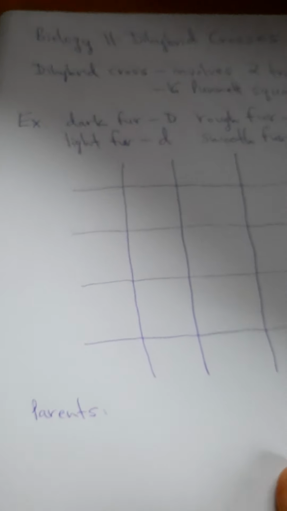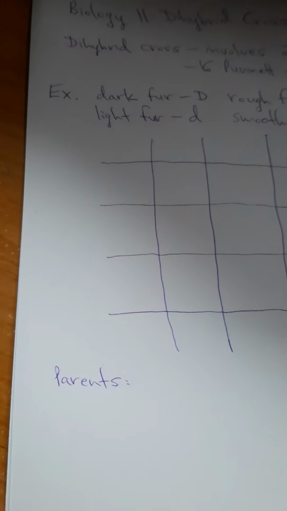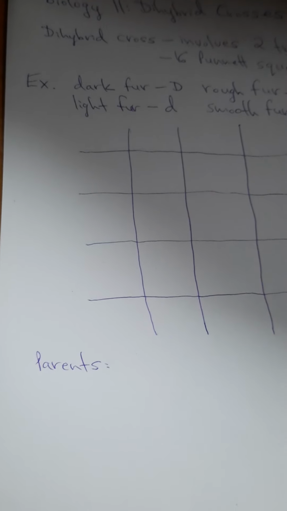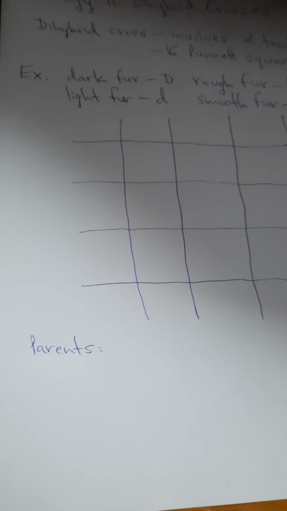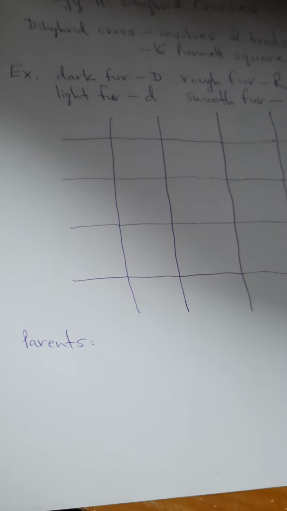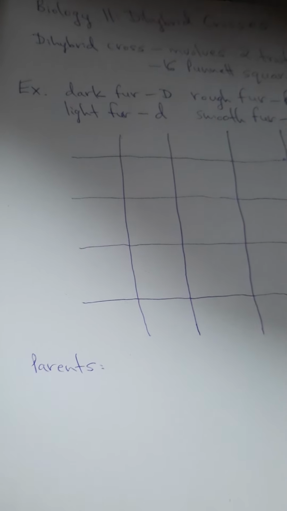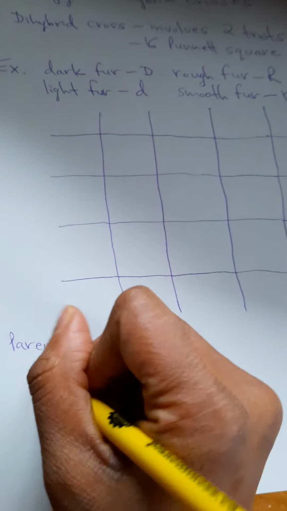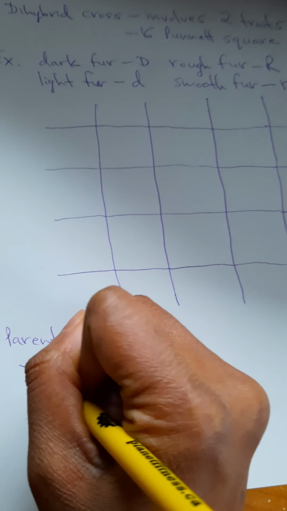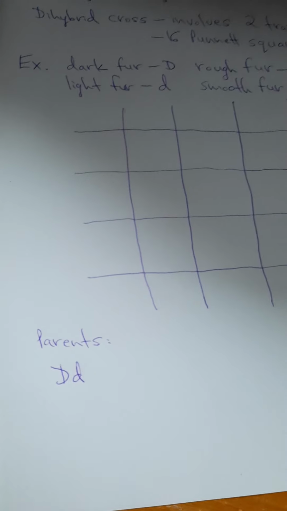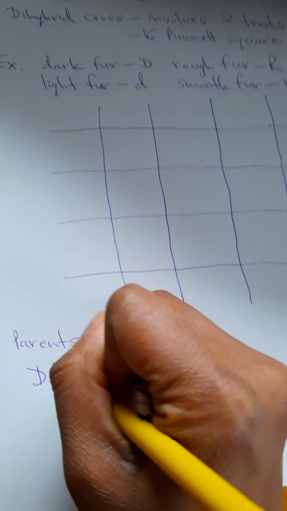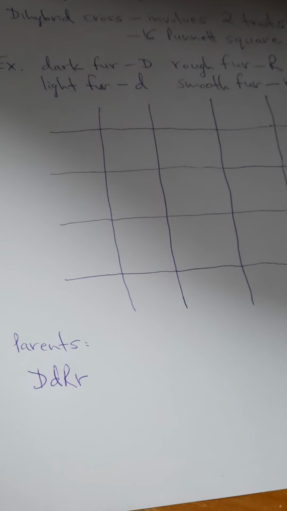For the parents, it says they're both heterozygous for fur color and for texture. So they're going to be heterozygous for the dark fur and heterozygous for the rough fur.